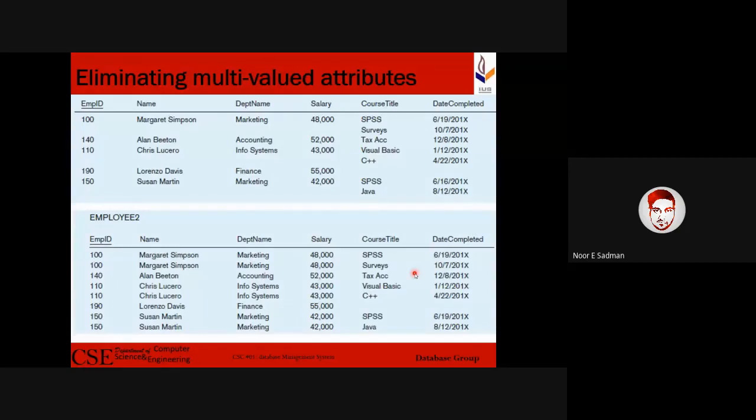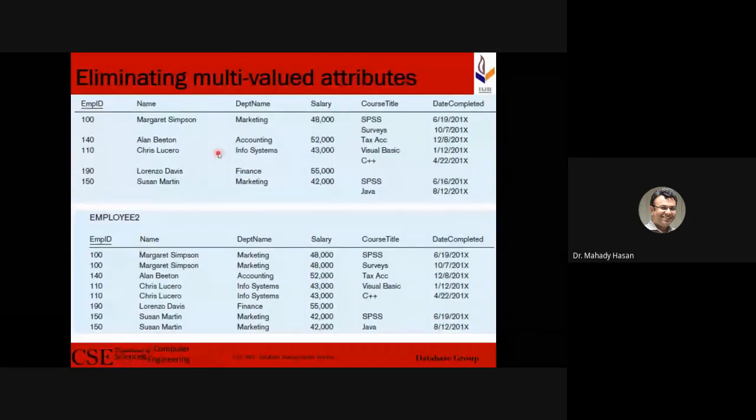If we eliminate double entries, what will happen? We will go back to the previous stage, right? Yes, sir. That was the problem, and to get rid of this problem, we have come here. Now you are saying again going back to the previous stage. We can't do that. What can be done?